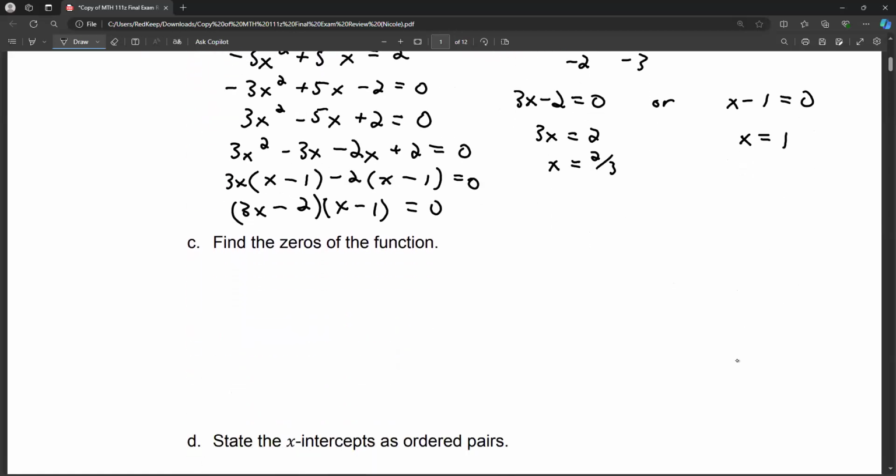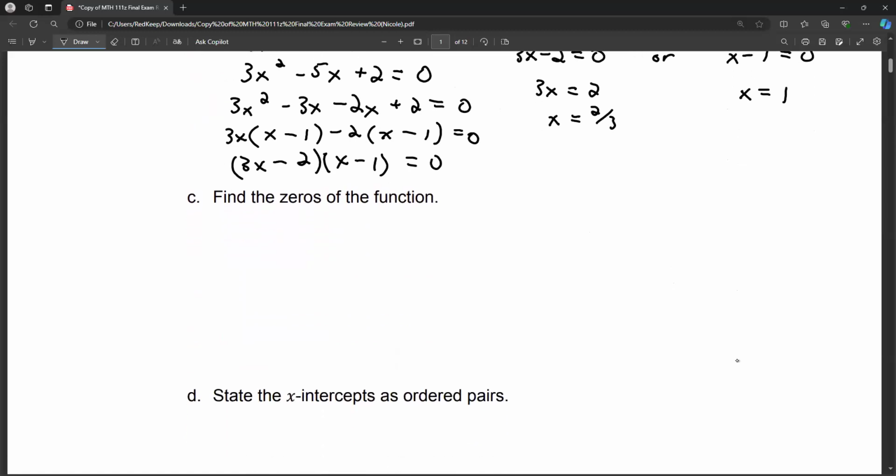And moving on now for part C, we're asked to find the zeros of the function f of x. And again, f of x is equal to -3x squared plus 5x. Finding the zeros means let's go ahead and set this equal to 0 and solve for the x values here.